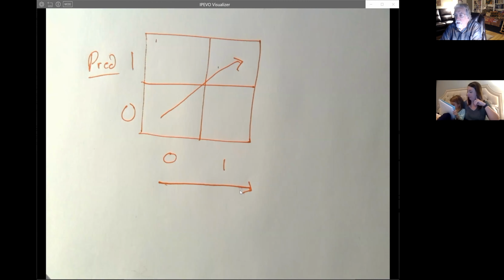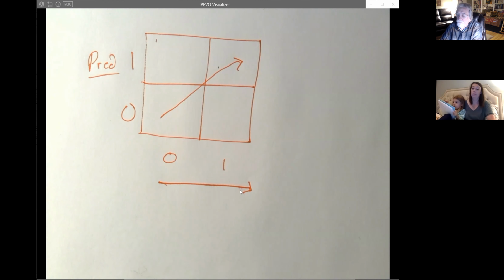In other words, do they move in the same direction? As the dependent variable moves from 0 to 1, do the predictors, and there could be multiple predictors, move from 0 to 1? And so it's a directional technique.